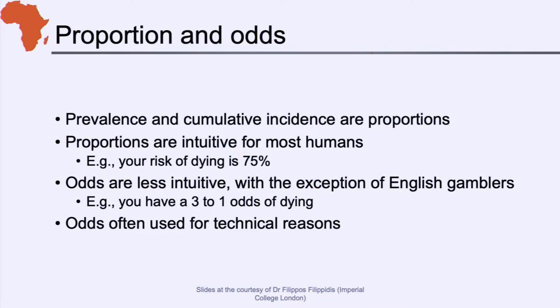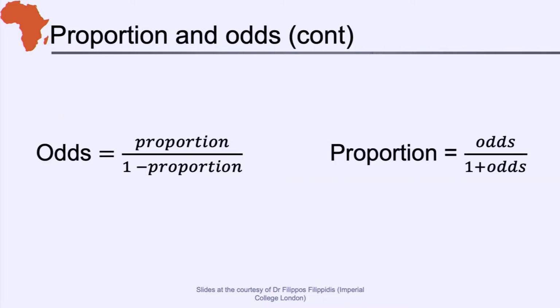Say, for example, you run across the expressway, you have a 75% chance of dying. What is less intuitive is talking in odds. Unless you speak to an English gambler, you would say that you have 3 to 1 odds of dying when running across the expressway. Odds are often used for technical reasons, so that's a very common metric you would see in the literature nonetheless.